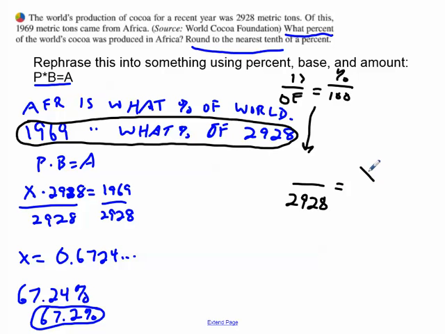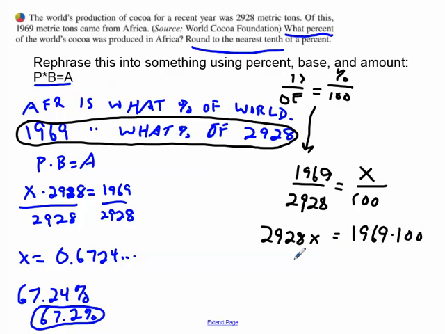We don't know, X percent out of 100. 100 always goes here. 1969 is goes here. And now we just cross multiply. I got 2928 times X equals 1969 times 100. Now we just simply divide by 2928.